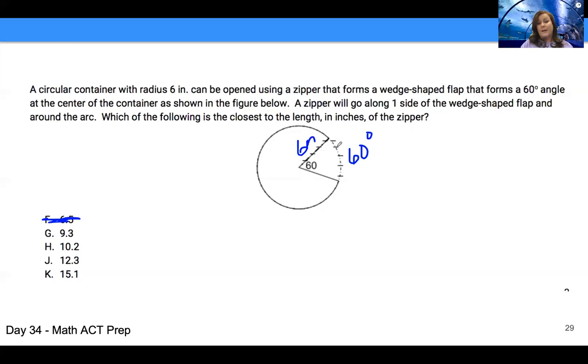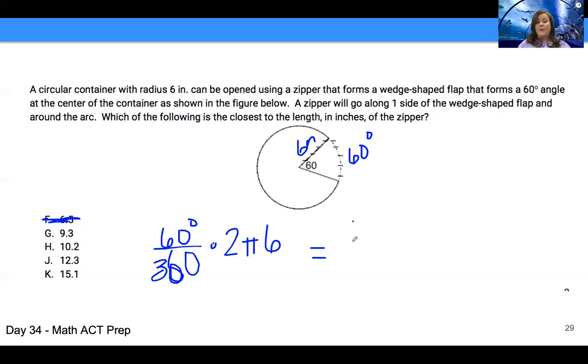Yeah, because I have to find out how long this is. So now, here's what you're going to do. Remember that formula to find the length. It is going to be the degree of the arc divided by 360 times the circumference. So the circumference is going to be 2 times pi times the radius, which is 6.